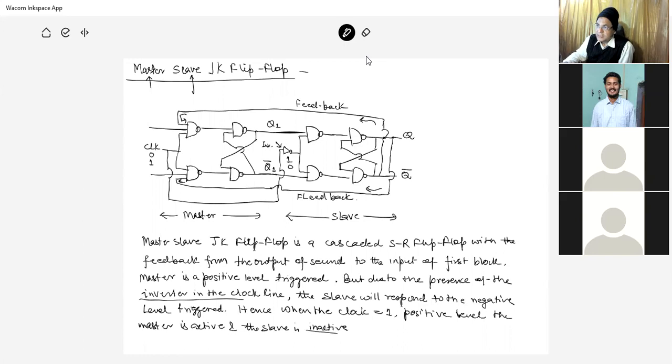The slave is inactive while the master is active, and vice versa.